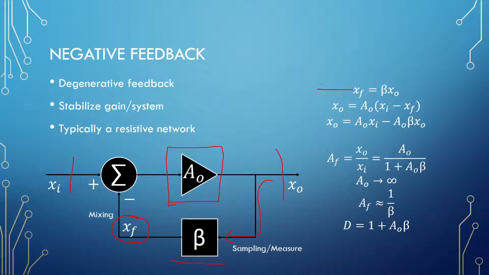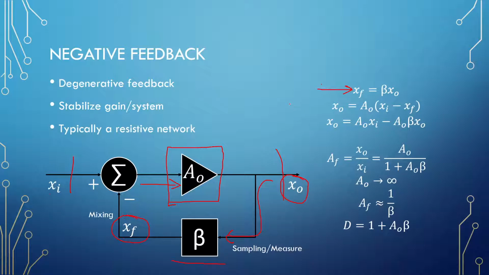Okay, so there is our feedback network, and that is also some form of gain, typically the inverse of the amplifier's gain. Right, so right here we have X in and XF being subtracted from one another, and that provides input to our amplifier, which in turn gives us X out.